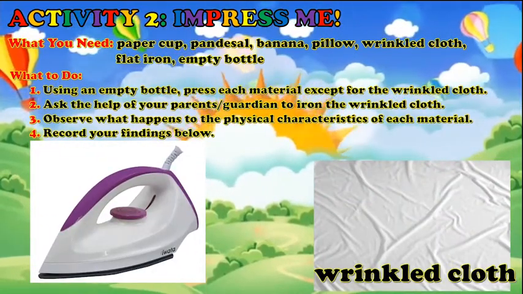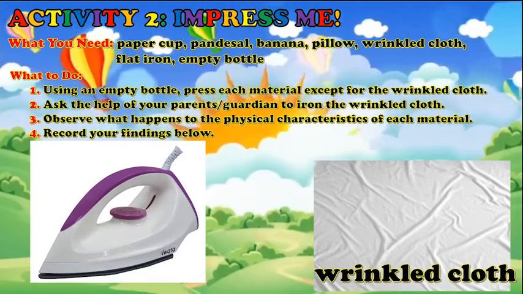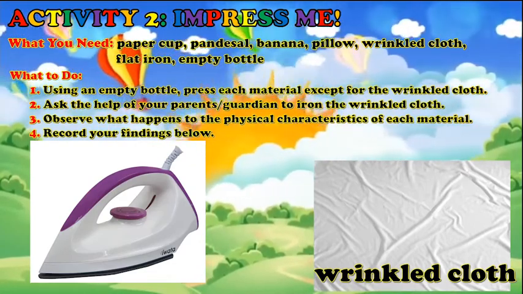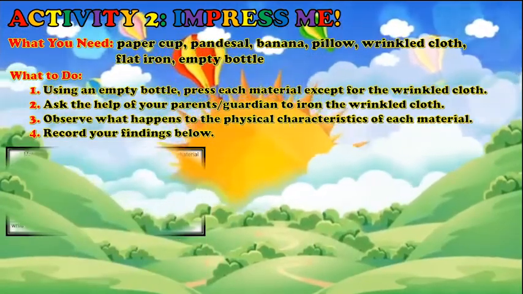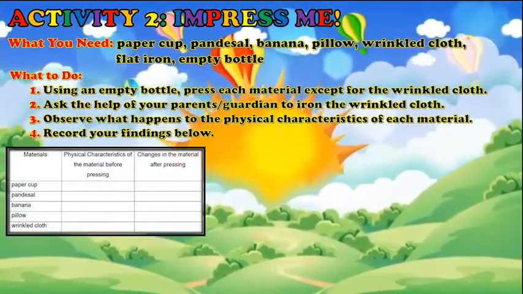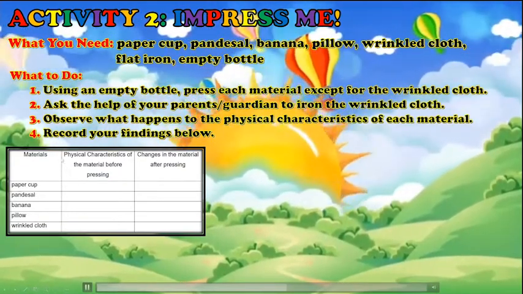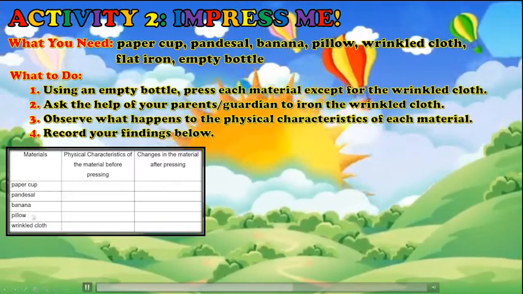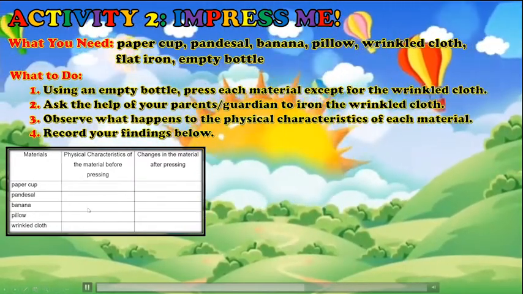Ask the help of your parents or guardians to iron the wrinkled cloth. Observe what happens to the physical characteristics of each material. Then after that, record your findings below. In the table, we have 3 columns. In the first column is the material used in the activity.